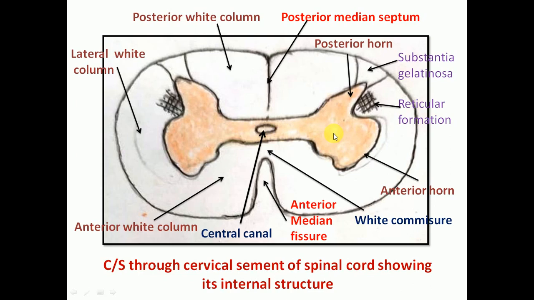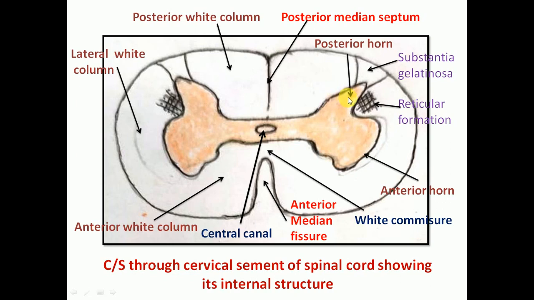Now this gray matter on its right side as well as left side is again divided into three horns. This is called the anterior horn, this one is the lateral horn, and this one is the posterior horn. The anterior horn is related to the motor fibers, the lateral horn is related to the communicating or association fibers, and the posterior horn is related to the sensory fibers.